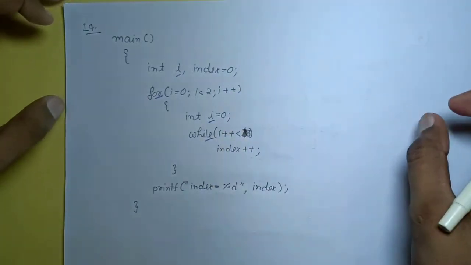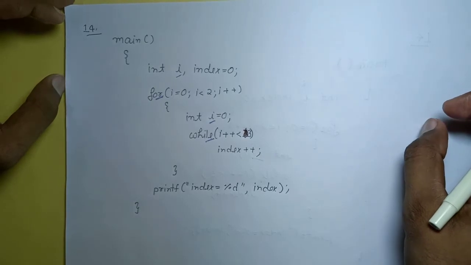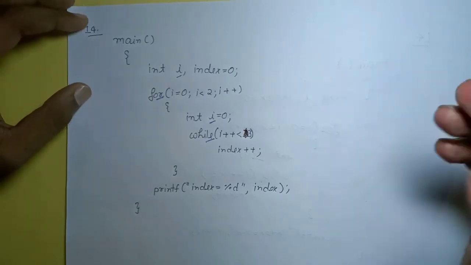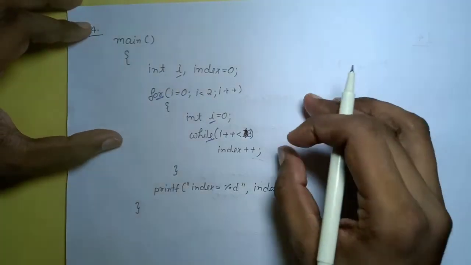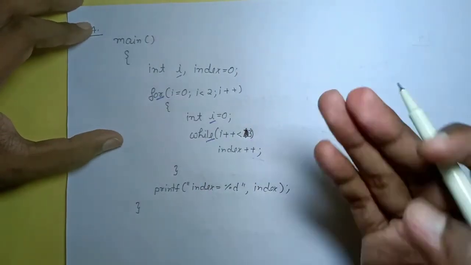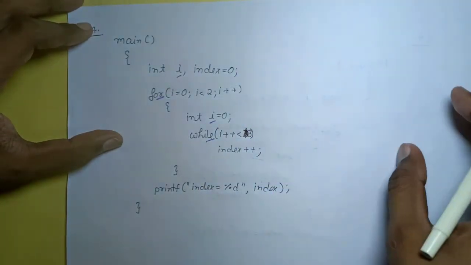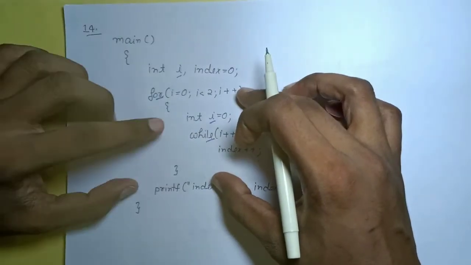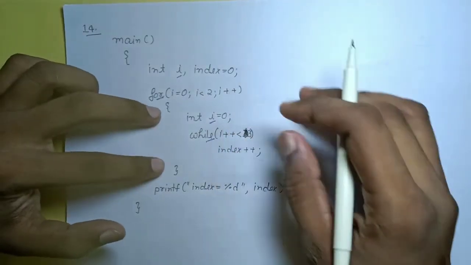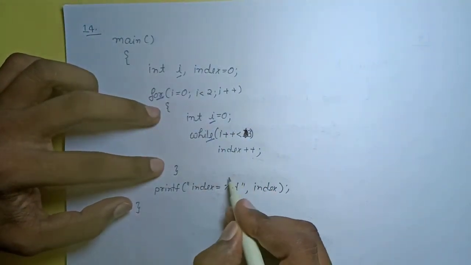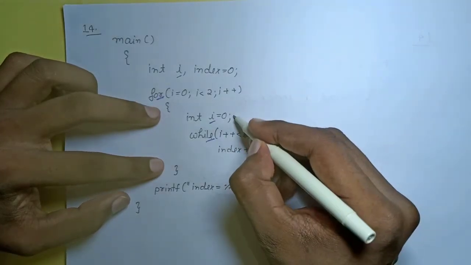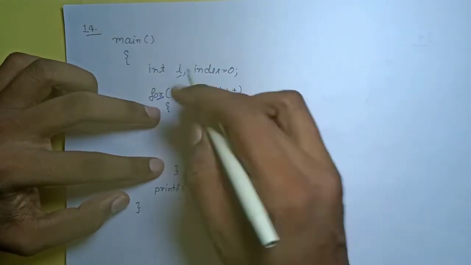As we know, the variable which is declared inside the block or has local declaration gets more precedence than the global ones. If in any statement in this block we are using the I variable, then this I variable is invoked, not this one.